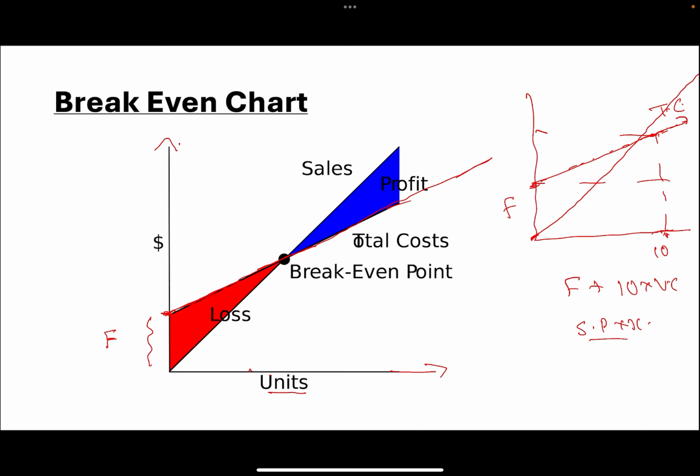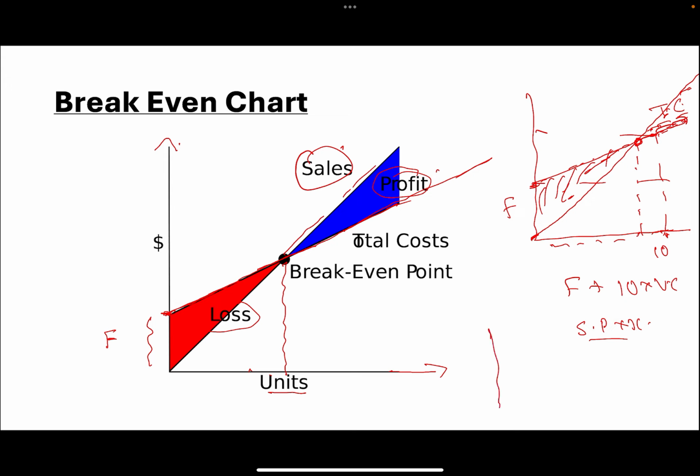This point corresponds to the break-even point. In this region, below this number of units, you are incurring loss, and above this number, you are getting profit. So here it is loss and here it is profit, this is your break-even point, this is the total cost, and this is the sales.